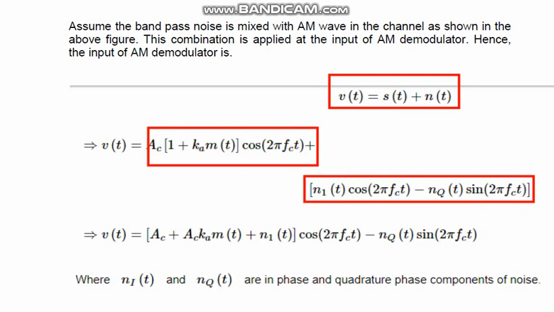Now, this part here, nI(t) cos 2 pi fc t, is the in phase component of noise, while nQ(t) sin 2 pi fc t is the quadrature phase component of noise.